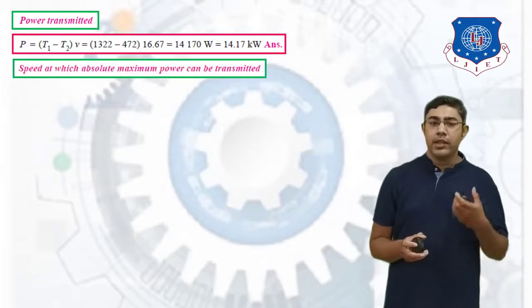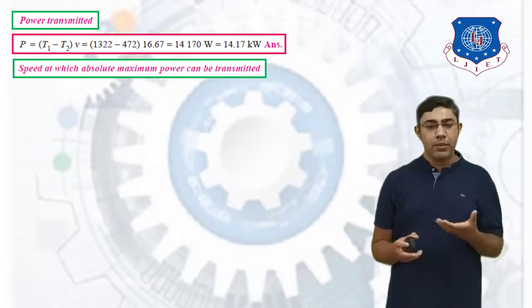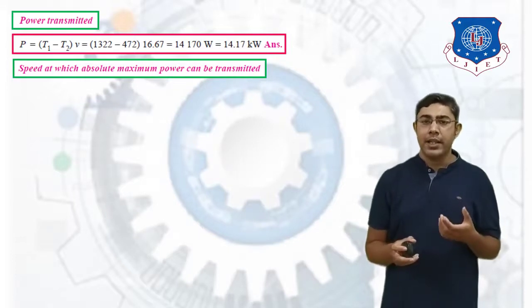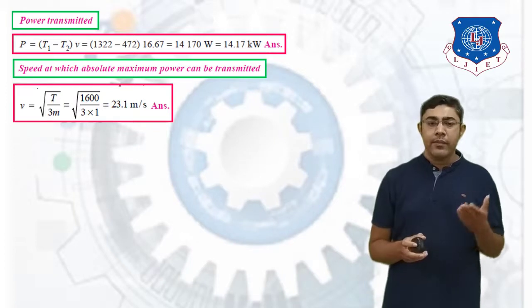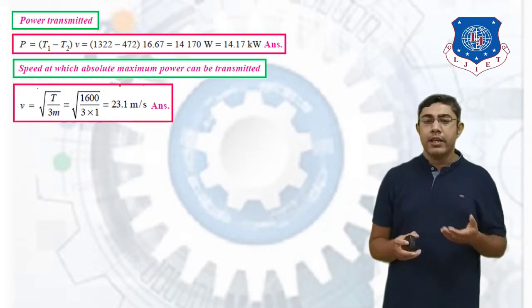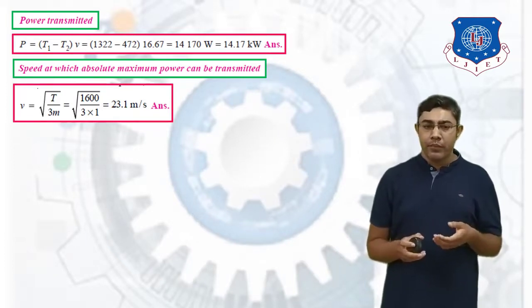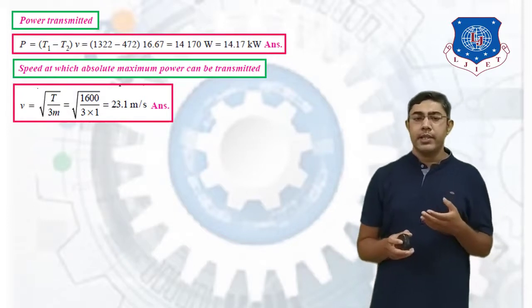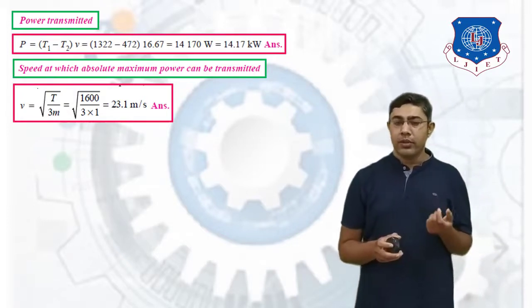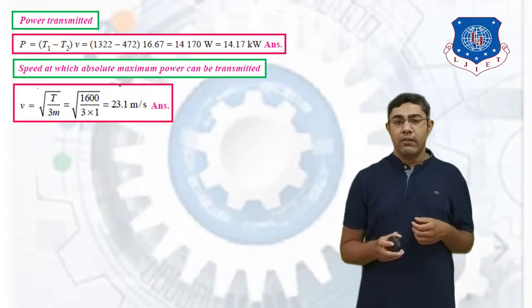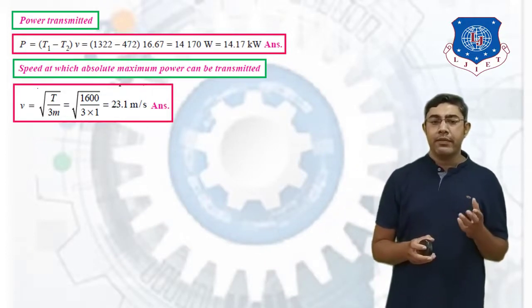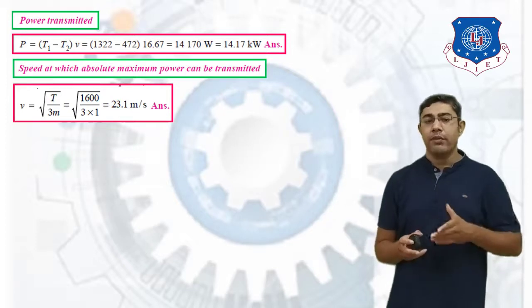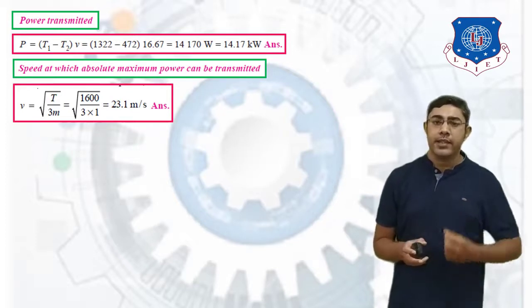As we know, the speed at which the absolute maximum power can be transmitted, according to the condition of maximum power transmission, V is under root T divided by 3 M. So T is 1600 and M we calculated is 1 kg per meter. If we place all the values, we get V is equal to 23.1 meter per second. That is our second answer.